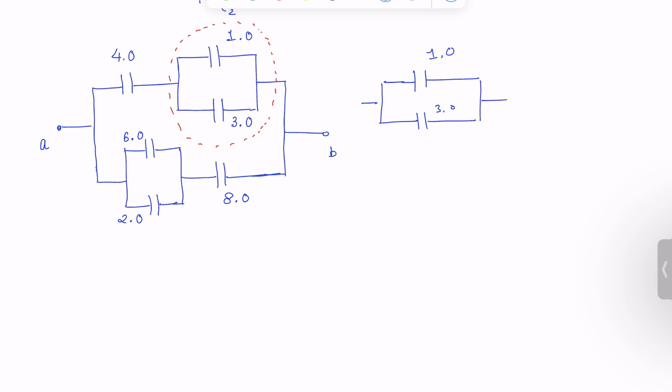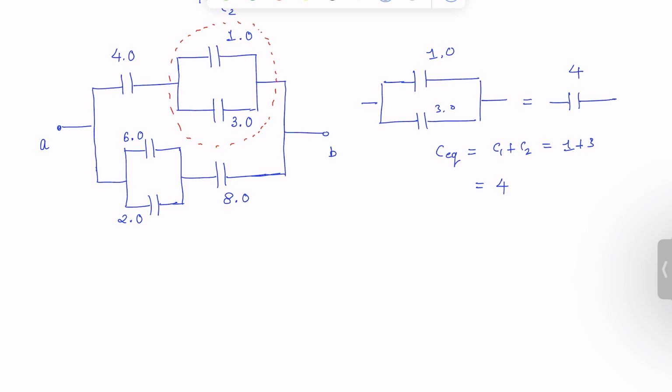So clearly these two are in parallel. That means the equivalent capacitance of this setup, only the setup of 1 and 3 being in parallel, is one capacitor whose capacitance is 4. How do I know that? Because equivalent capacitance in parallel is given by C1 plus C2. C1 in our case is 1, C2 is equal to 3. That means this is equal to 4.